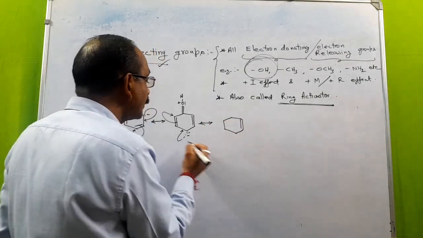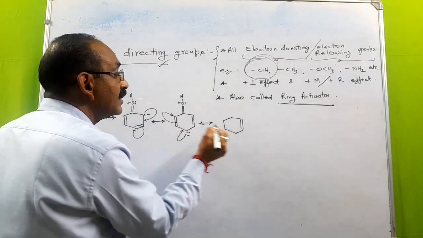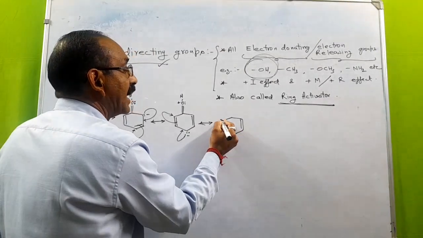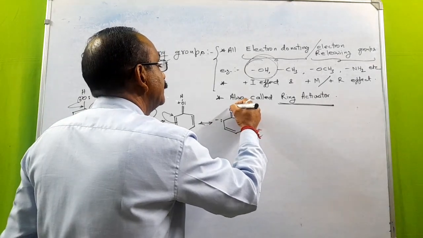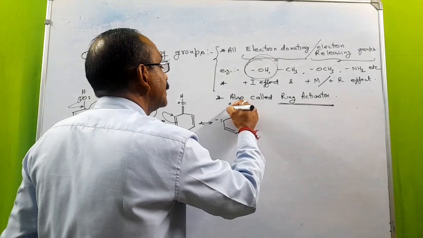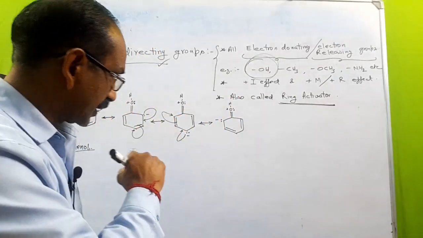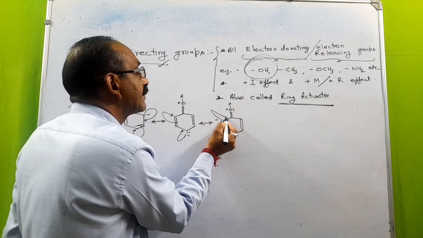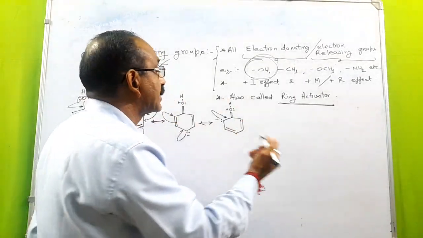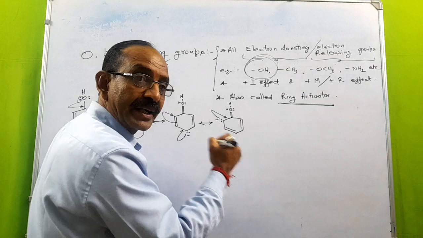Here, there is the double bond. As these two electrons shifted here, a double bond will form here, and this carbon will become electron rich with a negative charge. Here, there is the oxygen, which bears a positive charge. Now, these two electrons will shift in the forward direction in order to minimize the stress. This carbon will become pentavalent.